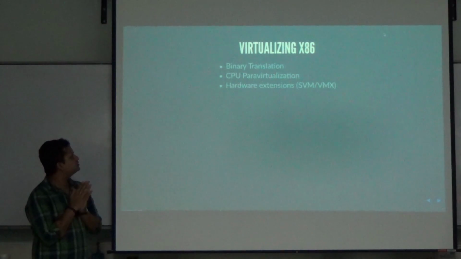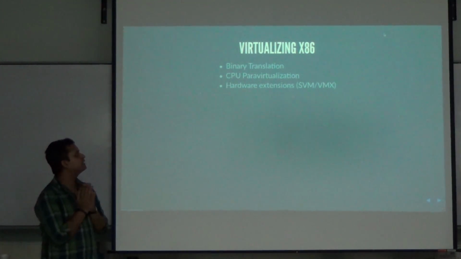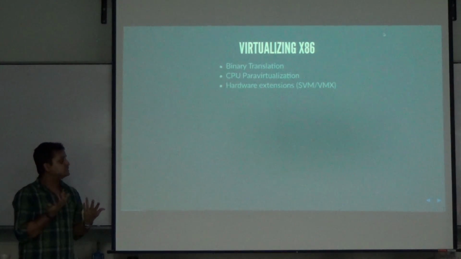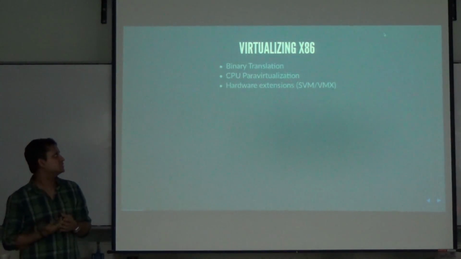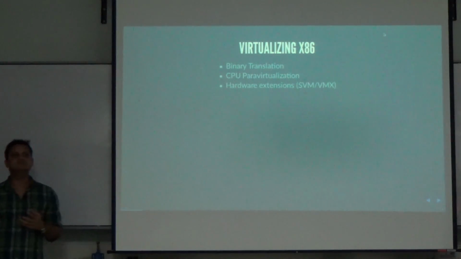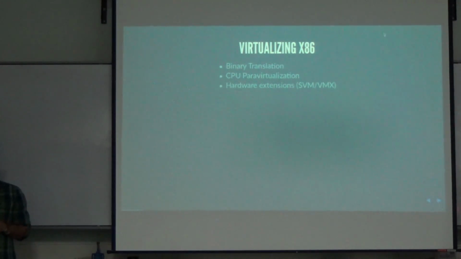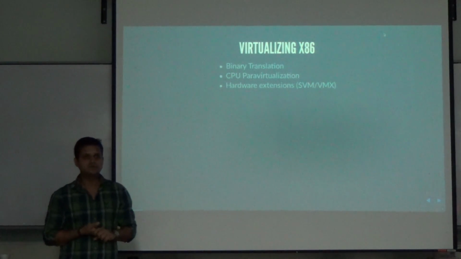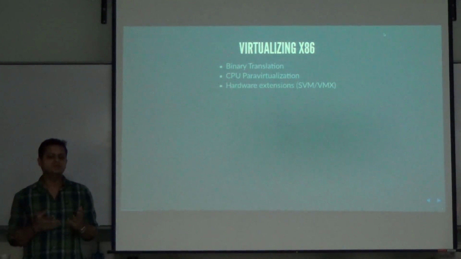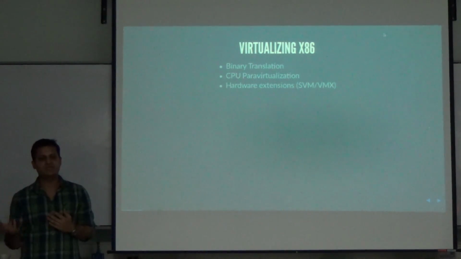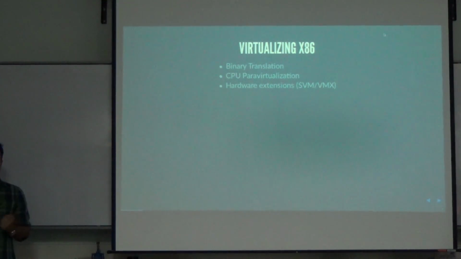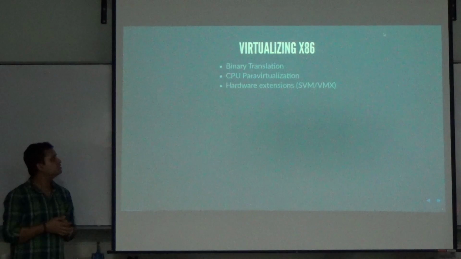So these show the traditional methods for virtualizing x86. The first one, which is the oldest, is binary translation, where you trap and emulate the instructions so that your host OS can understand. Then there's the Xen approach, which is paravirtualization, where you get help from the guest as well to implement things like a guest-specific CPUID.